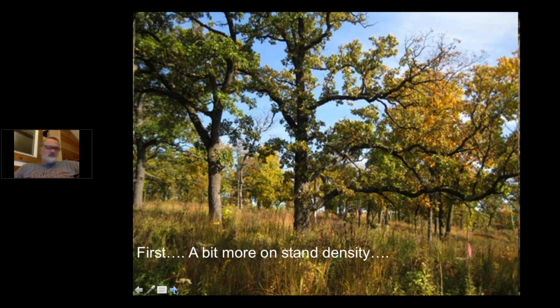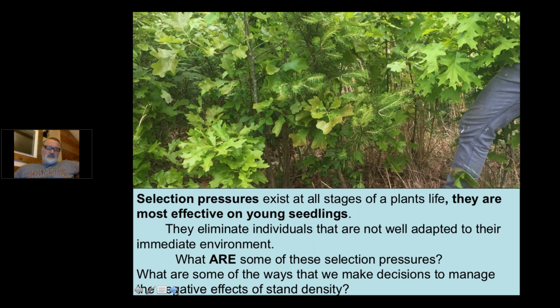It's a mid-successional phase. Remember that there are selection pressures at all stages of a plant's life, but they're most effective on seedlings. They will eliminate individuals that aren't adapted to the immediate environment.